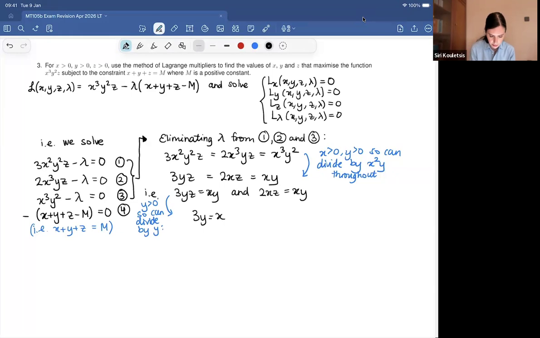So we get that 3y equals x. And over here, x is greater than 0, so we can divide by x throughout. And so we get that 2z equals y.